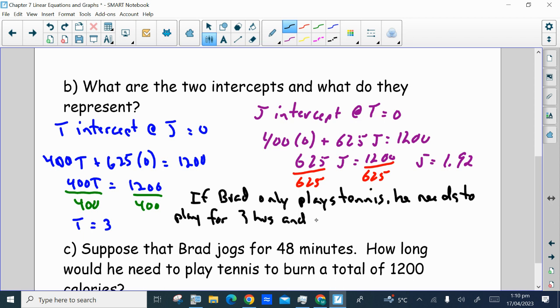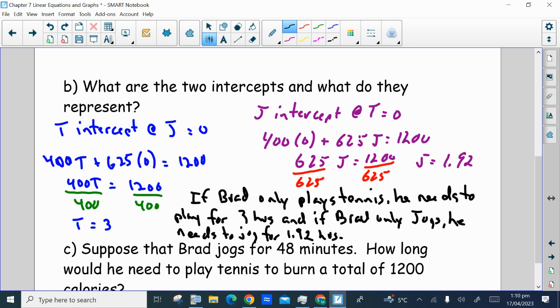And if Brad only jogs, he needs to jog for 1.92 hours. So that's what that tells us.